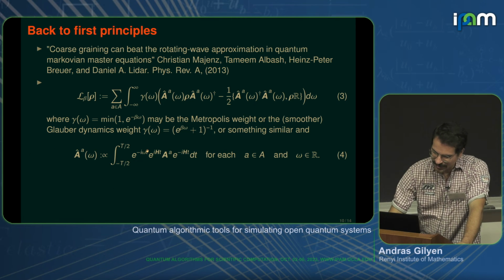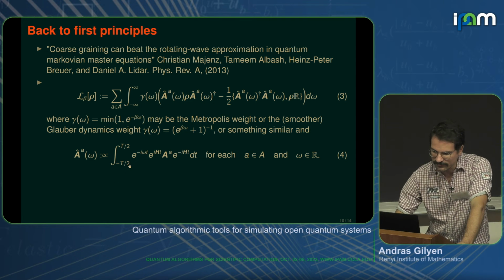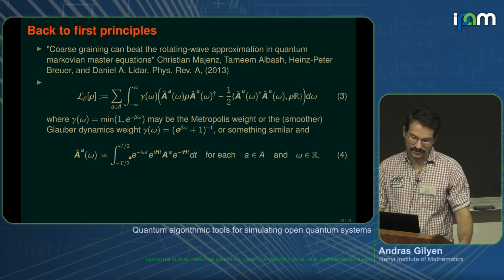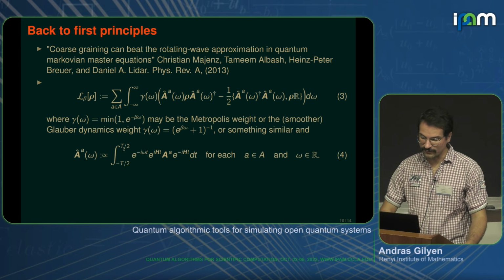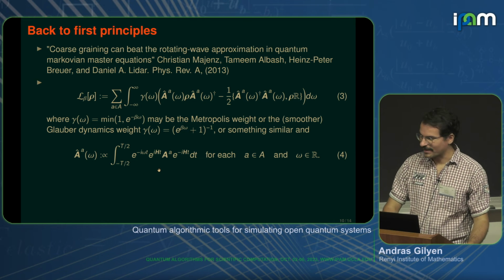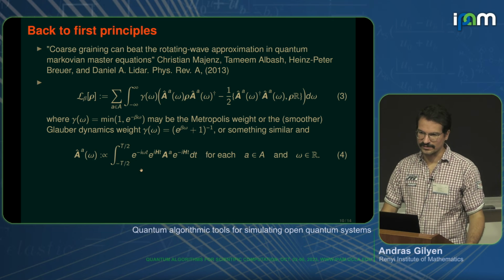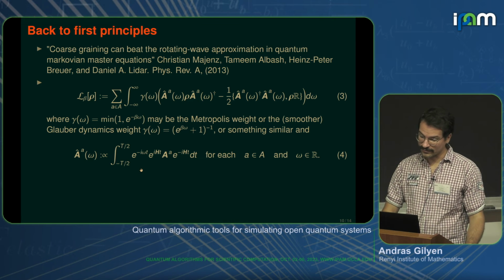The basic takeaway message is that if this time in the integral over these omegas were infinity, you would get back the Davis generator, which is unphysical, but this time is finite in the description. And so you only need to simulate this ugly thing. But this, at least, is now no longer unphysical, and we have tools to do this.